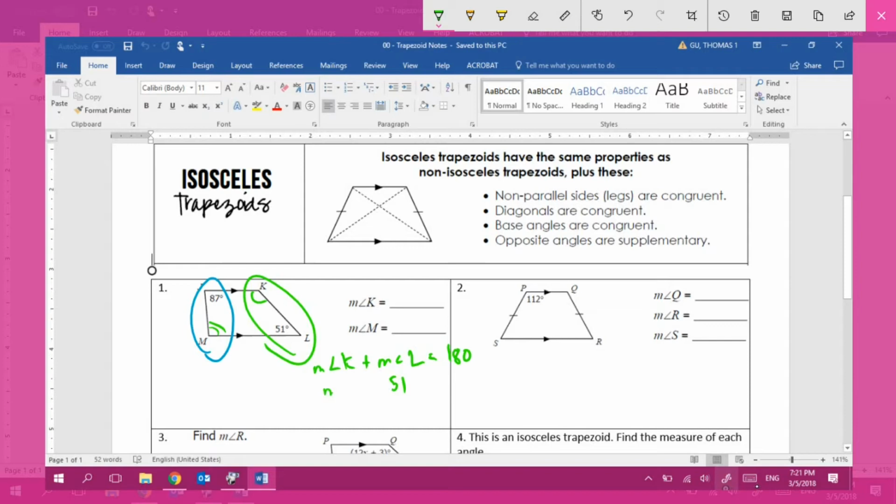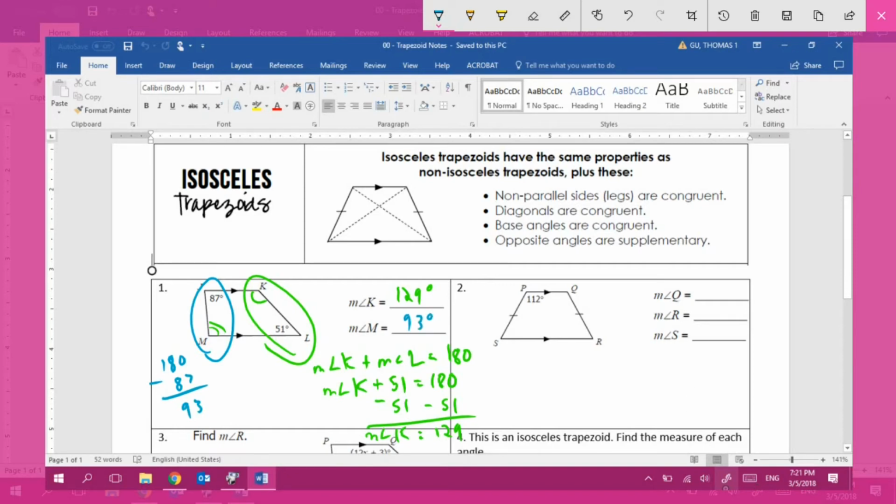So the measure of angle K plus 51 equals 180. If I subtract 51 from both sides, then the measure of angle K equals 129 degrees. And then the same thing with the other side. This 87 plus the measure of angle M equals 180. So I could just take 180, subtract 87, and that gives me the measure of angle M, which is going to be 93 degrees. There you go. Very simple.